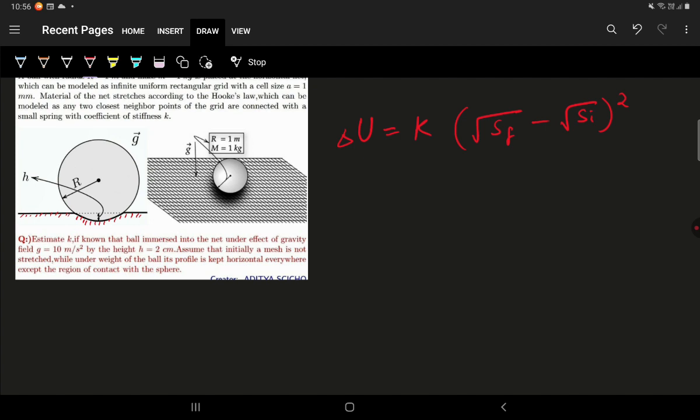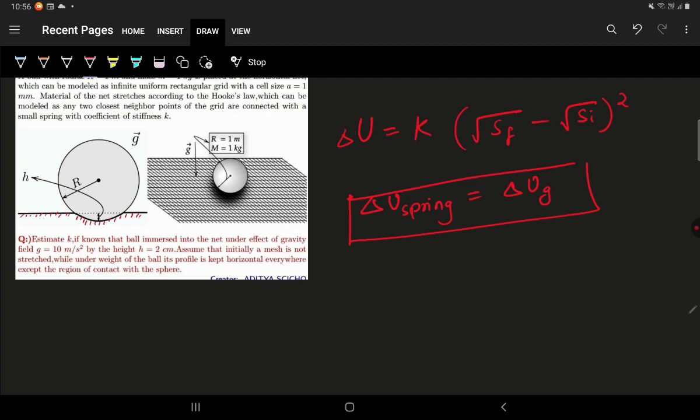We are asked to find an estimate, so I can equate delta U due to the spring mesh, or the 2D mesh, to the delta U due to gravitational potential energy, delta U_G. This relation will be sufficient to get a rough estimate of the spring constant.